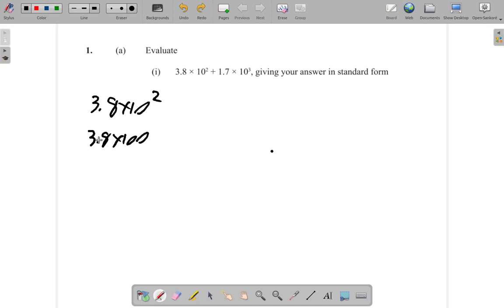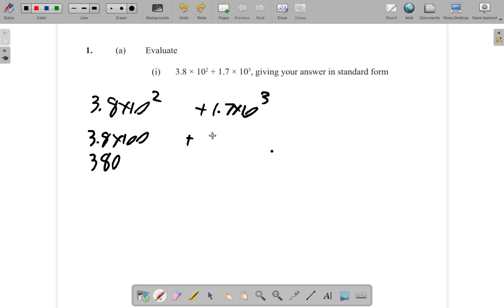And the shortcut when multiplying 3.8 times 100 is to move the point 2 places to the right. It's like moving the numbers 2 places to the left, right? So you have 380, 2 places. Then you have plus 1.7 times 10 cubed.